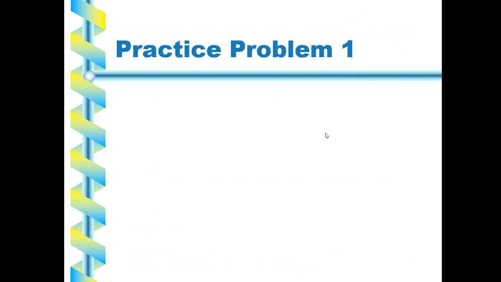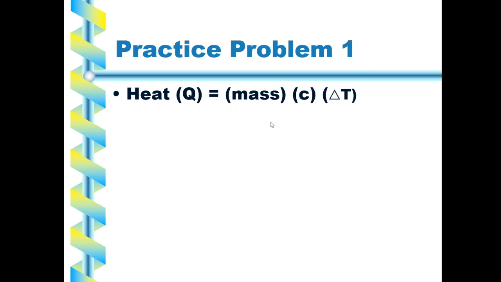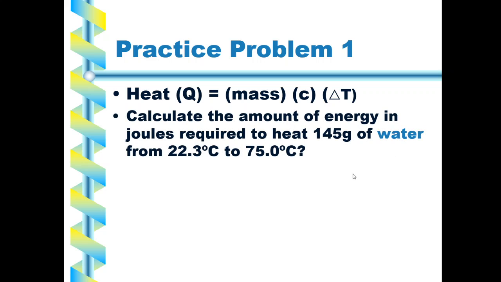All right, so we're gonna look at a couple practice problems. You'll do more in class with me, but here's our equation, Q equals mass times specific heat times delta T, or change in temperature. So here is a question, okay?